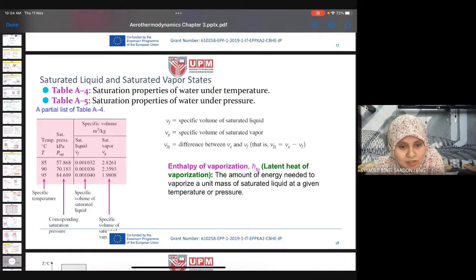Vfg is the difference between Vg and Vf, where the water is in both liquid and vapor phase. Enthalpy of vaporization is the latent heat of vaporization that I mentioned just now. That is the amount of energy needed to vaporize, so we have that value in the table also.